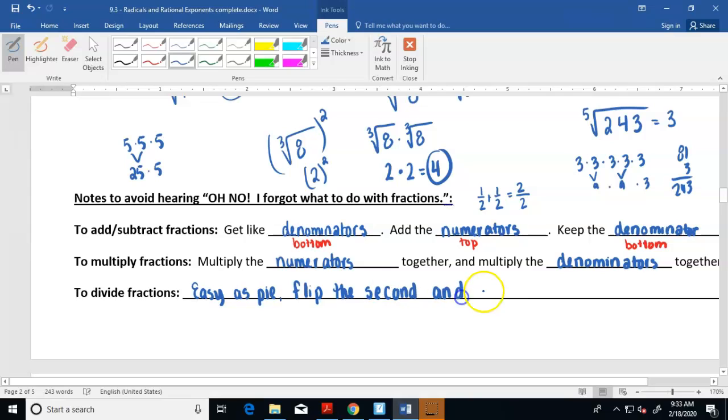Flip. Alright, so dividing fractions, easy as pie, flip the second, multiply. Or whatever other rhyme you like to help you remember. Okay, so we are going to have to add, subtract, multiply, and divide some fractions here in this next part. So that's why we're going over this right here.